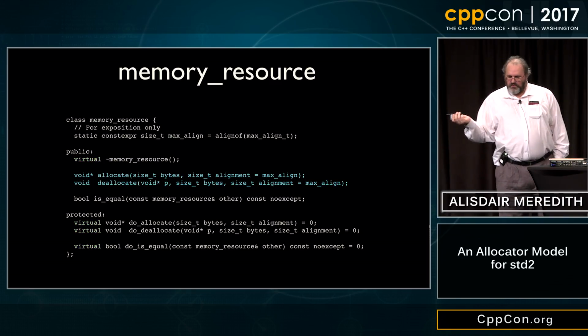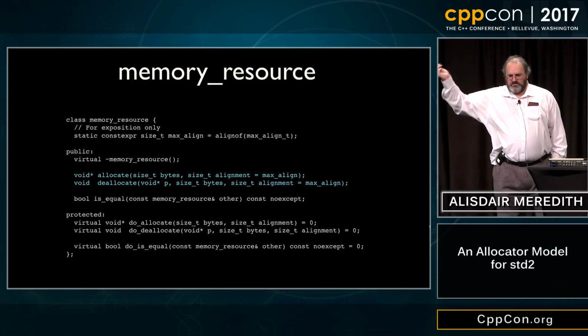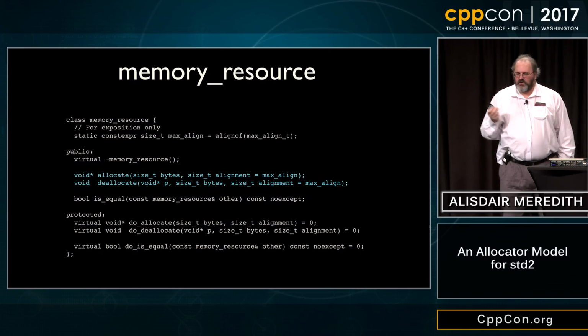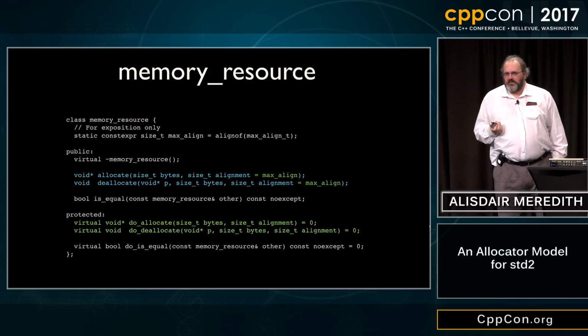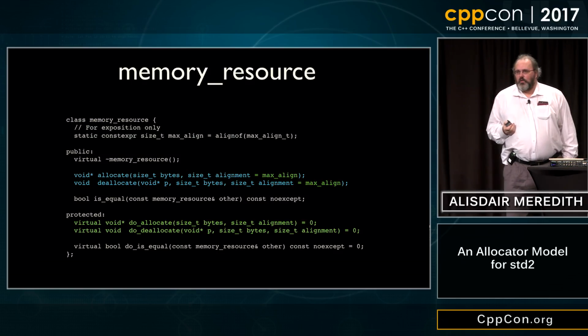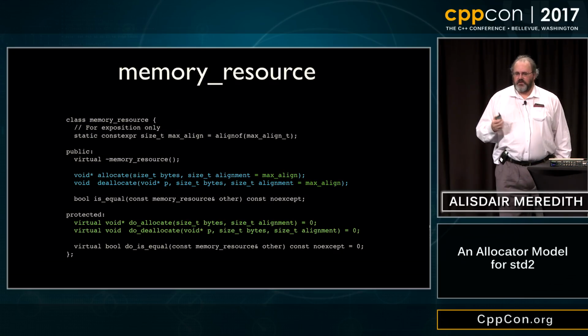So these methods are virtual. Allocate and deallocate are the key member functions that clients of the allocator are going to use. The do_allocate and do_deallocate, using this idiom, as I said, so we can not worry about funkiness with default arguments on virtual function calls, are what the memory resource implementers are going to implement.